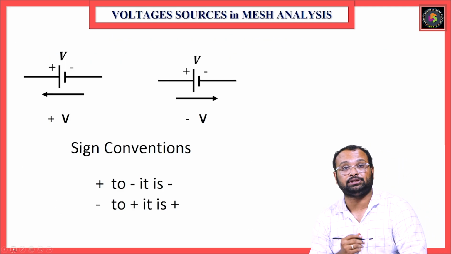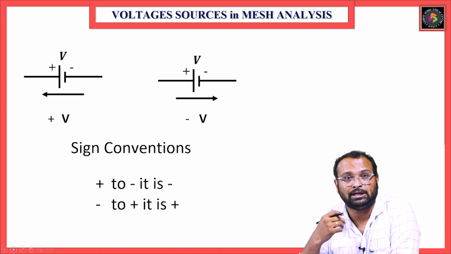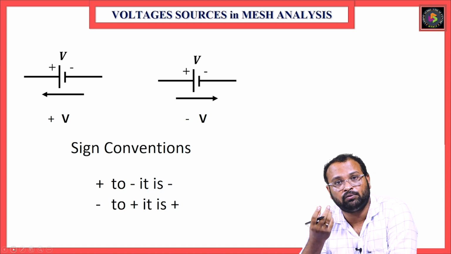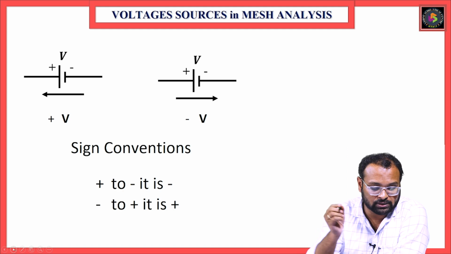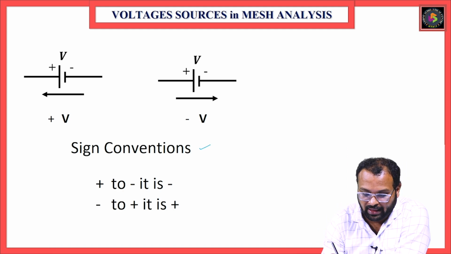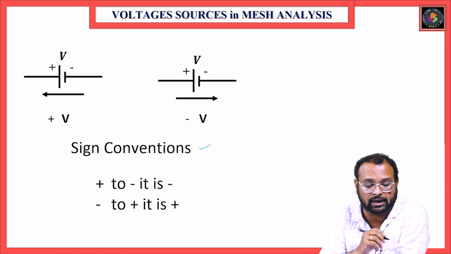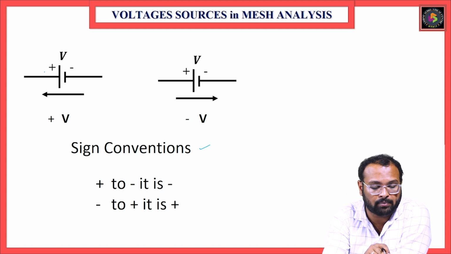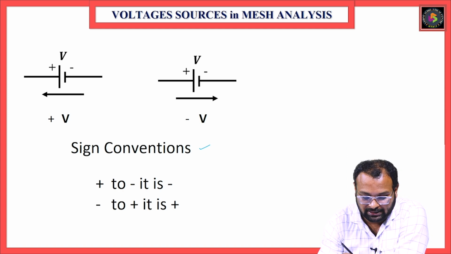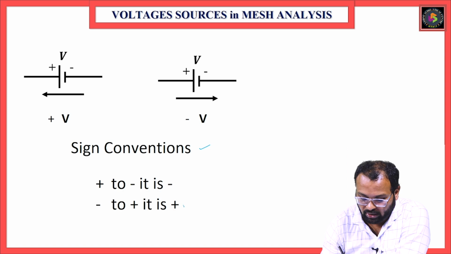What about the voltages? We have to specify whether it is a drop in voltage or a source voltage, an added voltage. We go with the convention that if the mesh current is going from negative to positive, we consider that a positive voltage.